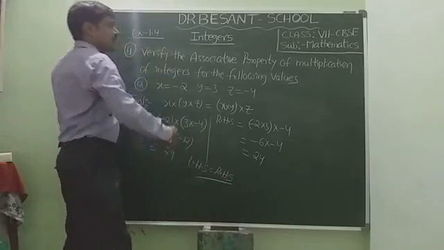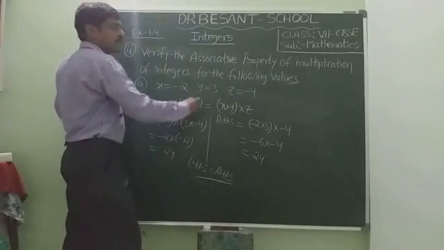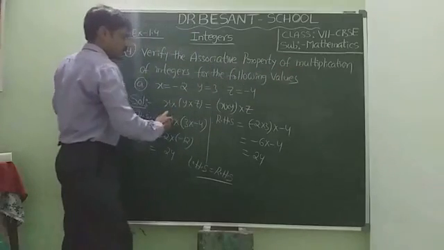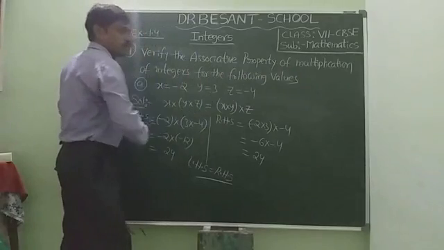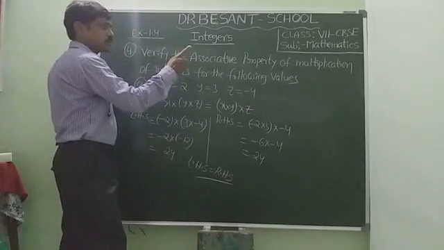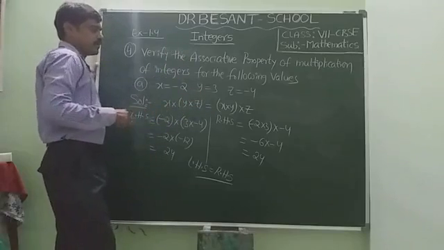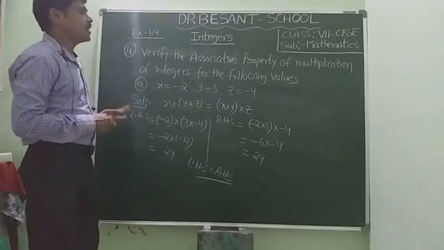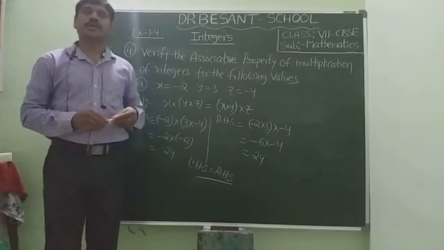Observe here, children, if it is addition we have to use plus, if it is multiplication we have to use into. If it is associative property of addition, it means x plus y plus z is equal to x plus y plus z. So LHS is equal to RHS. Verified or not?